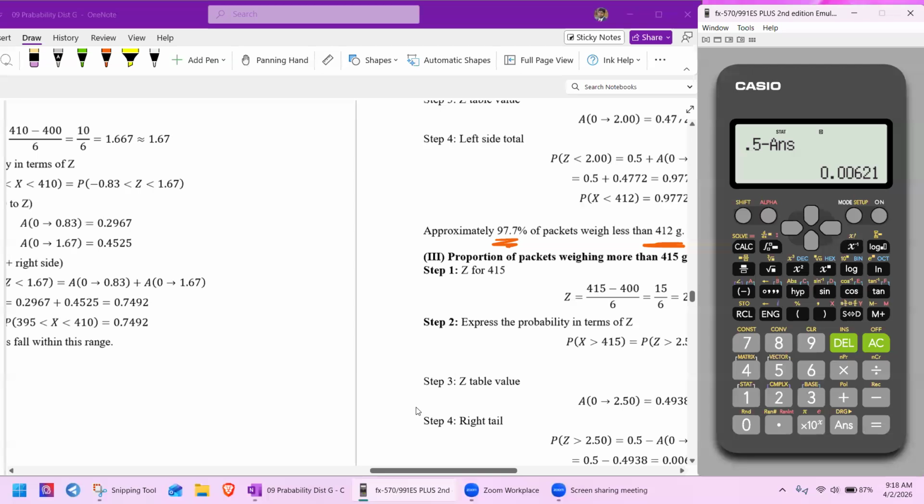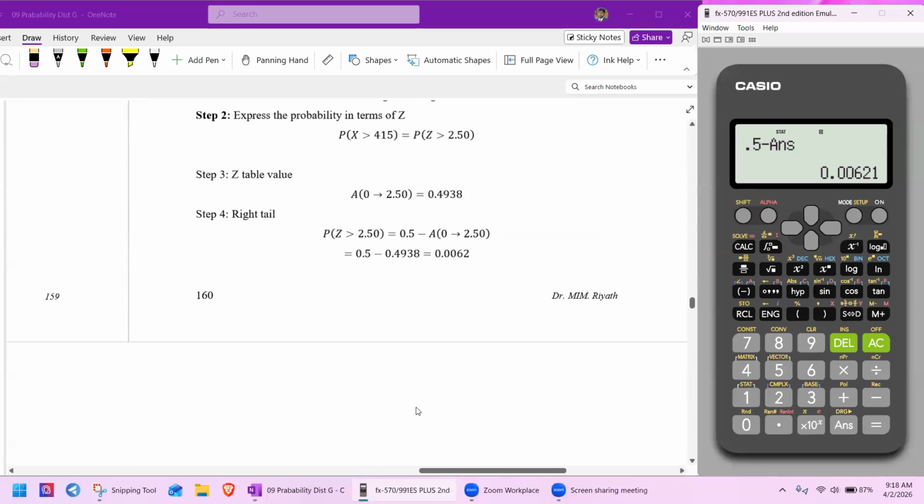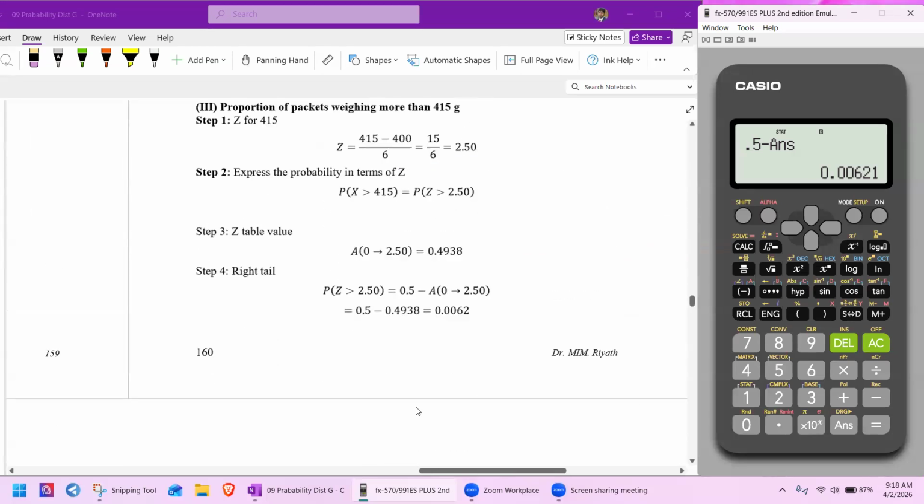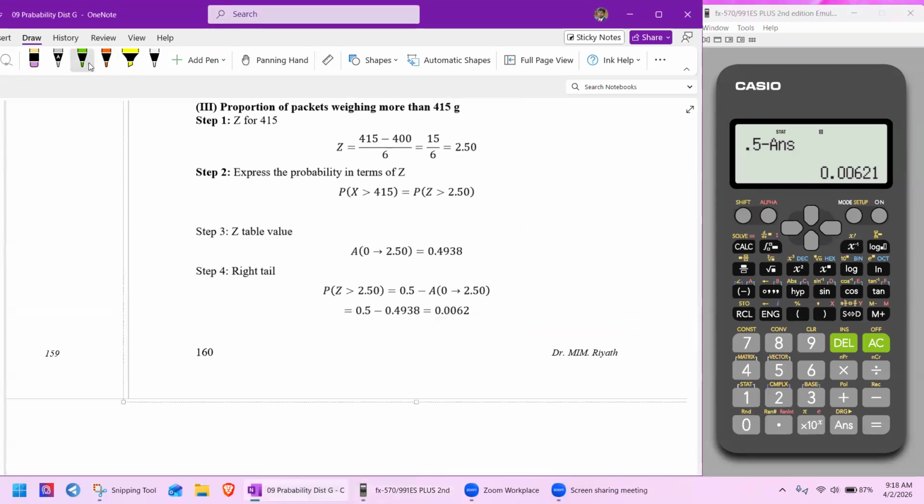See the answer? The answer to the right is 0.0062.